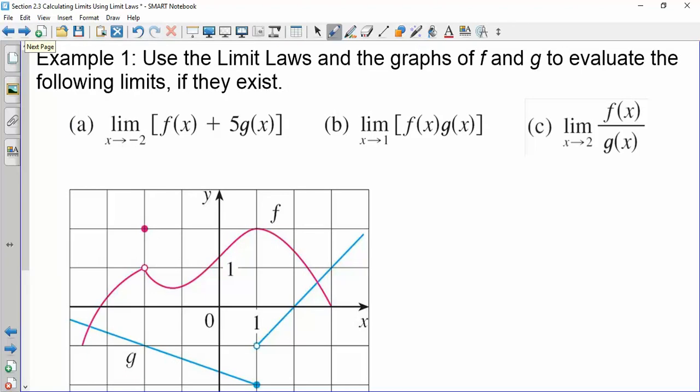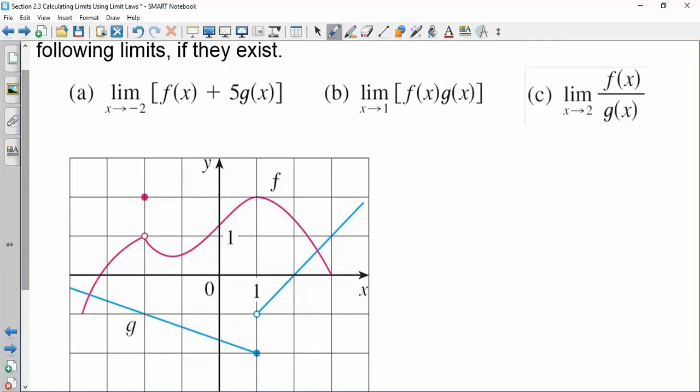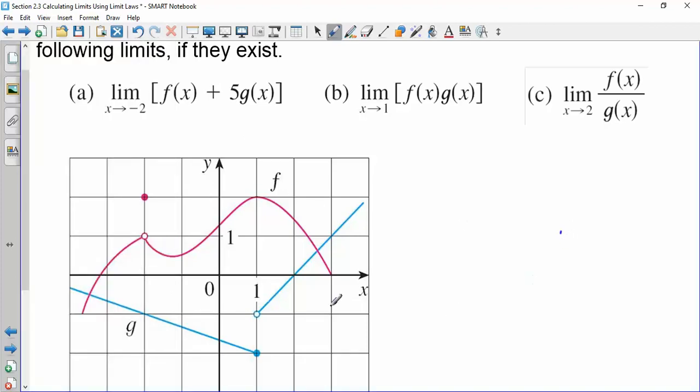All right, so if I gave you these graphs and asked you to evaluate the limits using those limit laws. So the first one, limit as x approaches -2 of f of x plus 5g of x. So the limit law says we can do the limit of the first plus 5 times the limit of the second. We can break these apart.